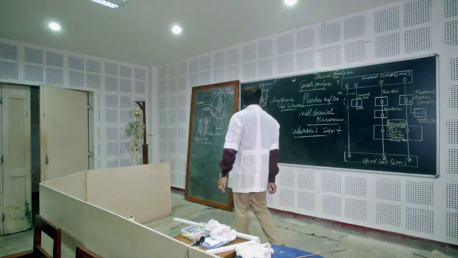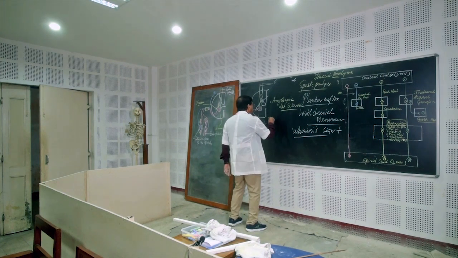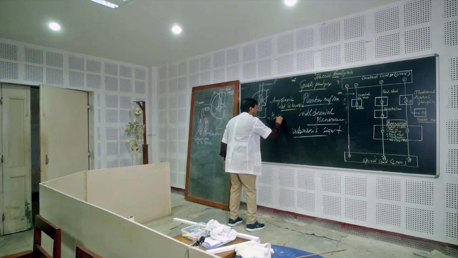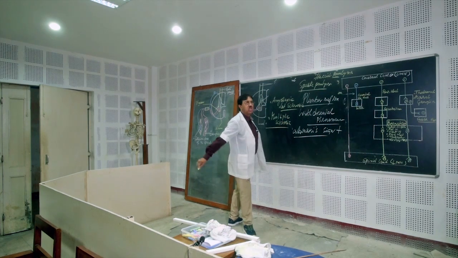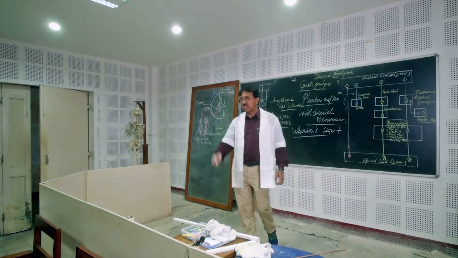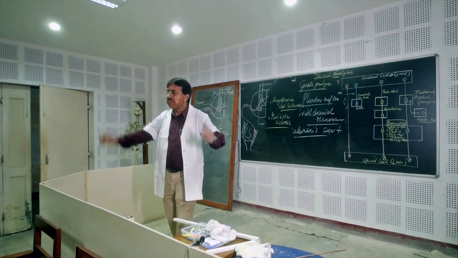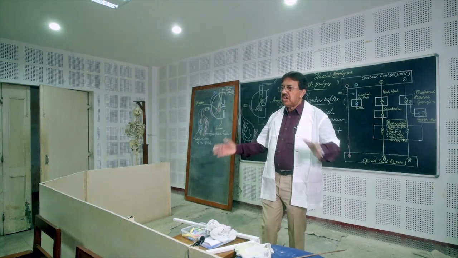In contrast to that, there is another disease occurring in young adults, the younger age group. That is known as multiple sclerosis. This multiple sclerosis occurs in younger age, and has some predisposing and precipitating factors.